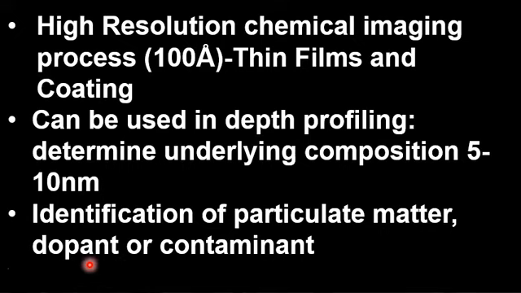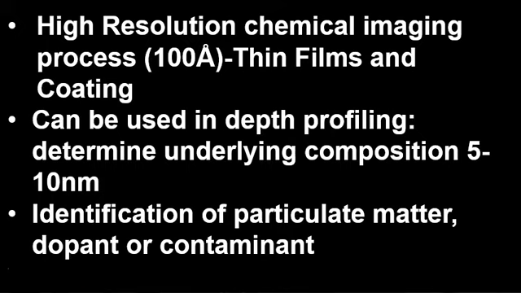Apart from this, in semiconductor industries there are different ratios of P and N dopant in a material. So Auger electron spectroscopy can also determine the percentage of dopant material present in a parent material.